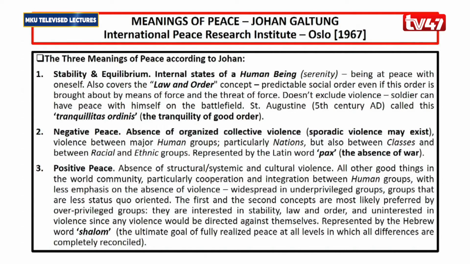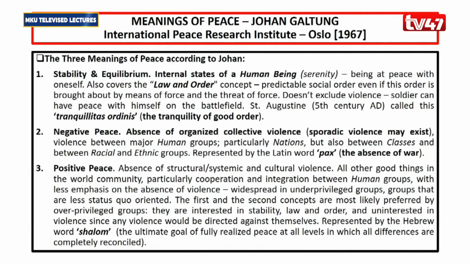Then he discusses the second meaning of peace, which he calls the absence of organized collective violence, like what was in Kenya in 07-08 during the post-election violence. That was organized collective violence. So in the absence of that, you can say that the country is at peace.